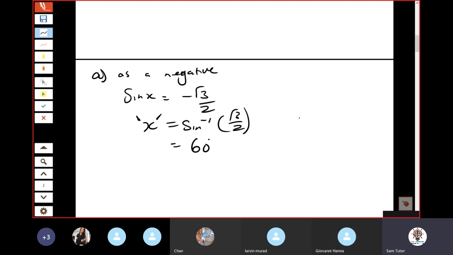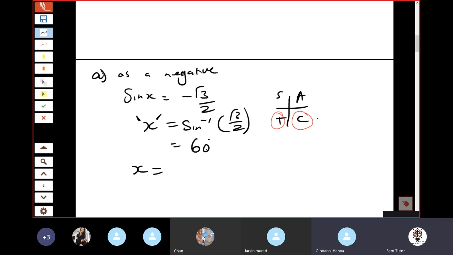Then what do we draw? The all stations to central. Beautiful. And then you're going to ask yourself, where is sine negative? T and C. Sine is negative in T and in C.